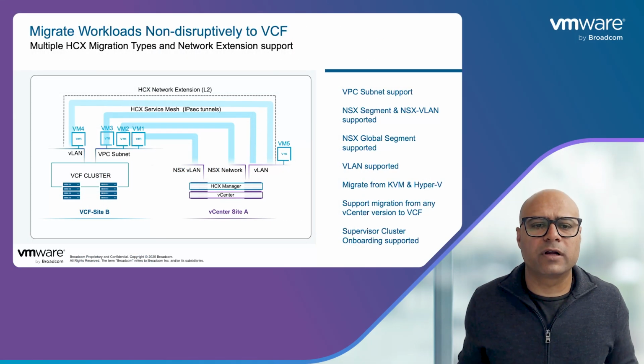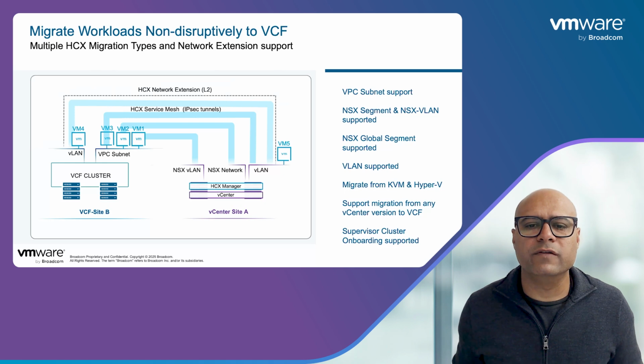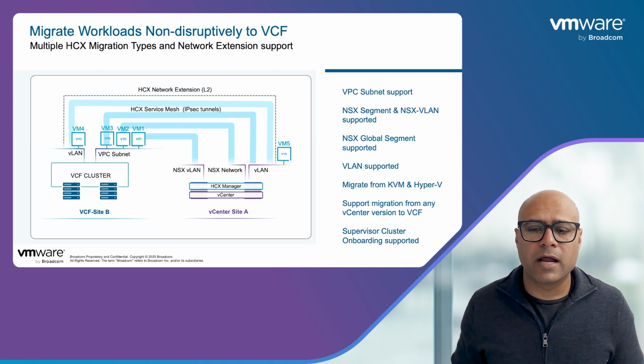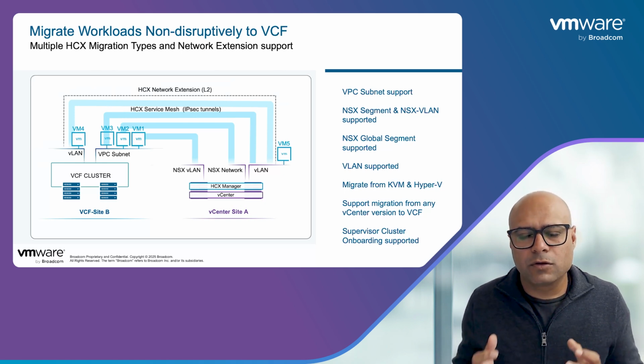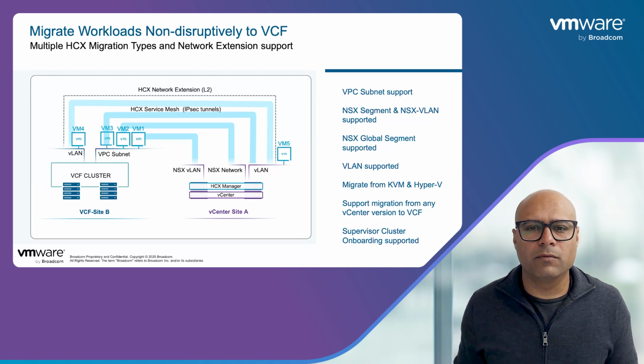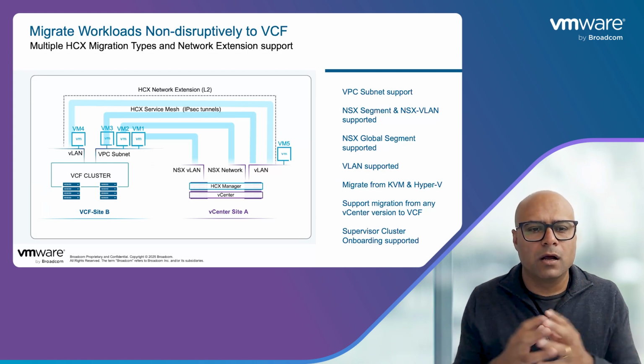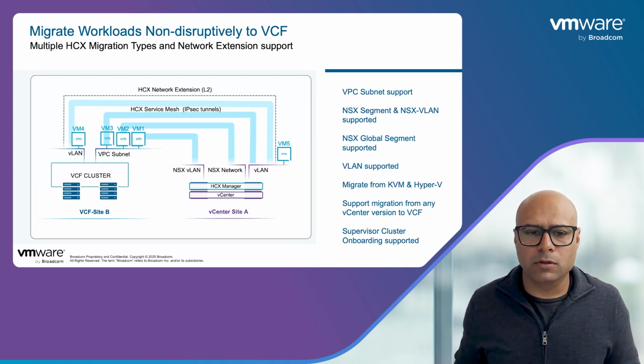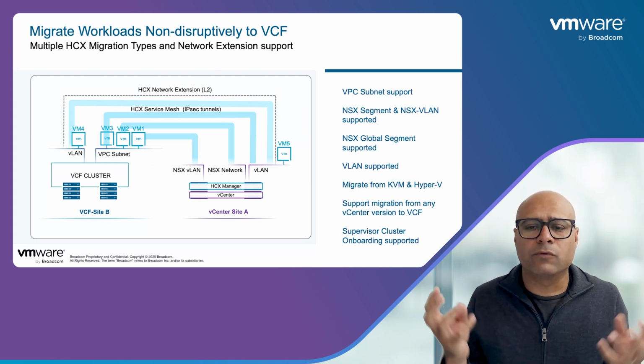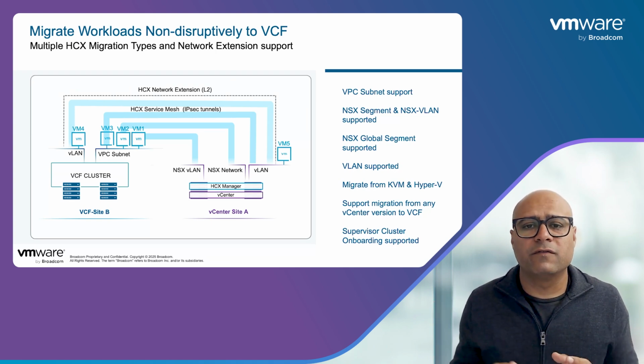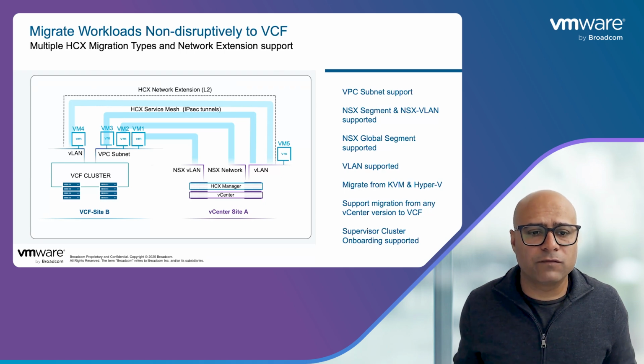So in closing, for customers who are embarking on migration to the latest VCF 9.0, this could often mean that they might have to consolidate workloads from multiple different environments and different sites that might have different network topologies and even different hypervisor platforms.